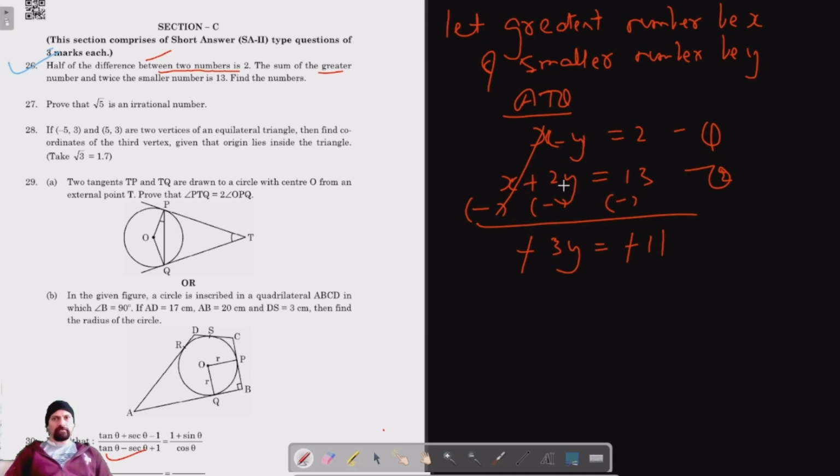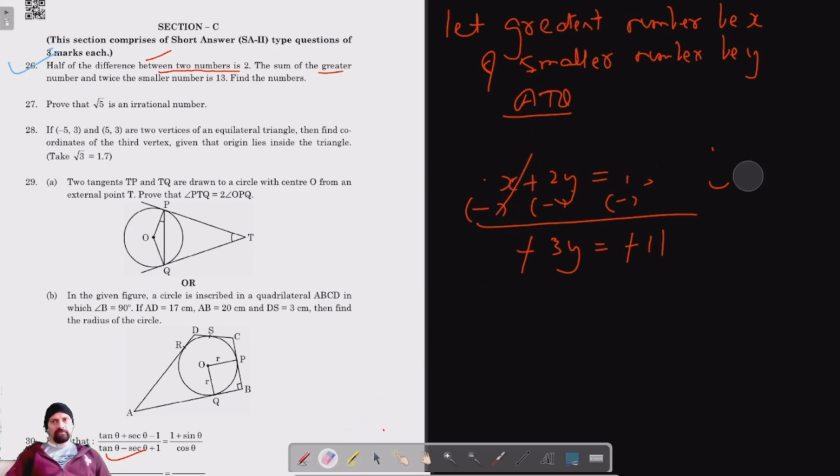So if we subtract them, this gives us negative 3y is equal to 13 minus 2 is 11. And we have to find the numbers. The difference of them, if half of the difference it's given, sorry.